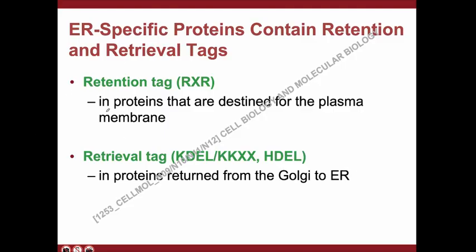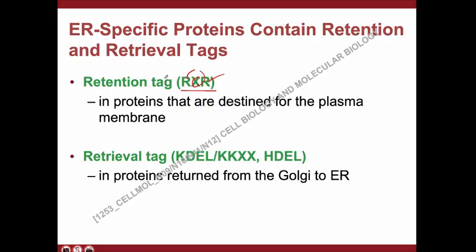So for example, some proteins that are localized to the ER contain the sequence RXR. This is what we call the retention tag. RXR, with R being arginine, dalawang arginine, and X being basically any amino acid.